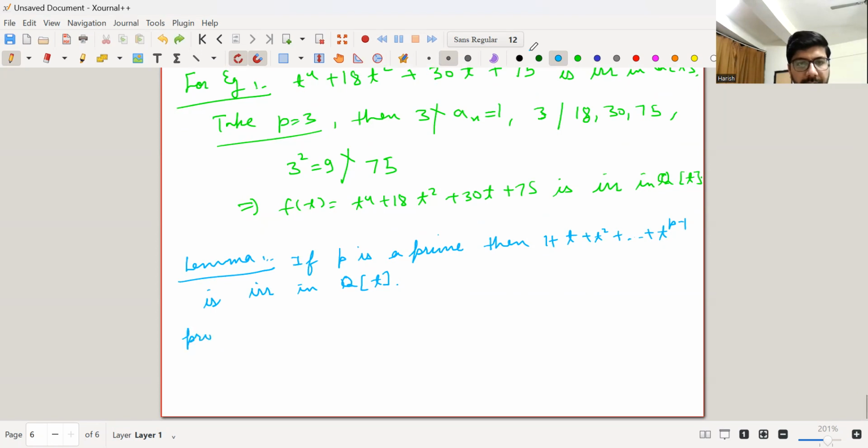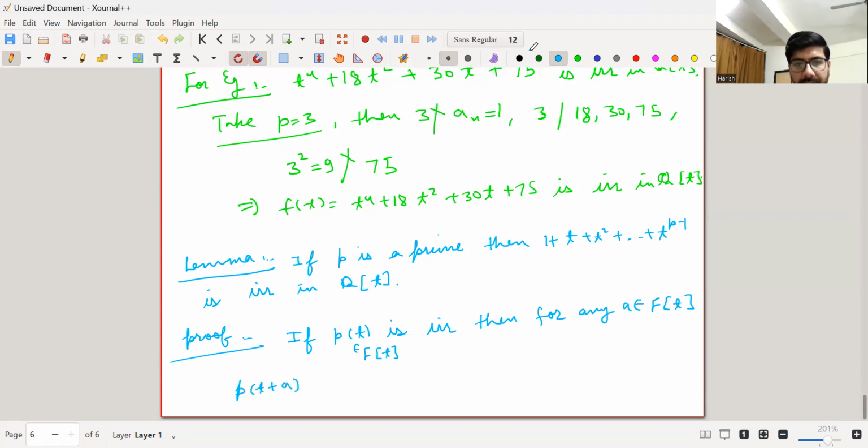The trick. So see, if p(t) is irreducible, then for any a belongs to F in general, p(t plus a) is irreducible.